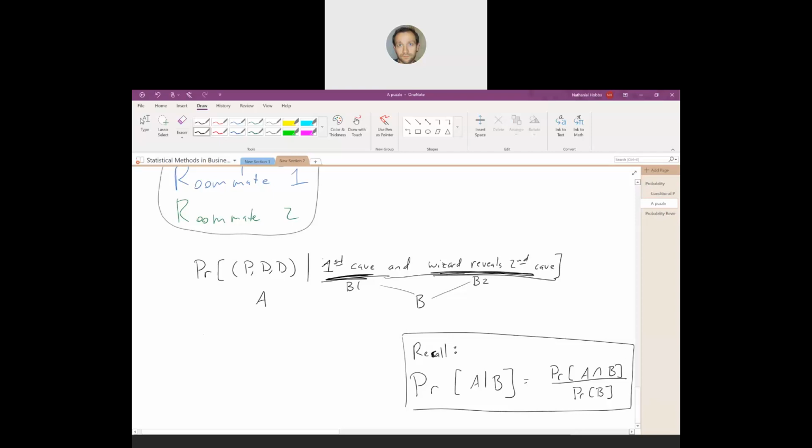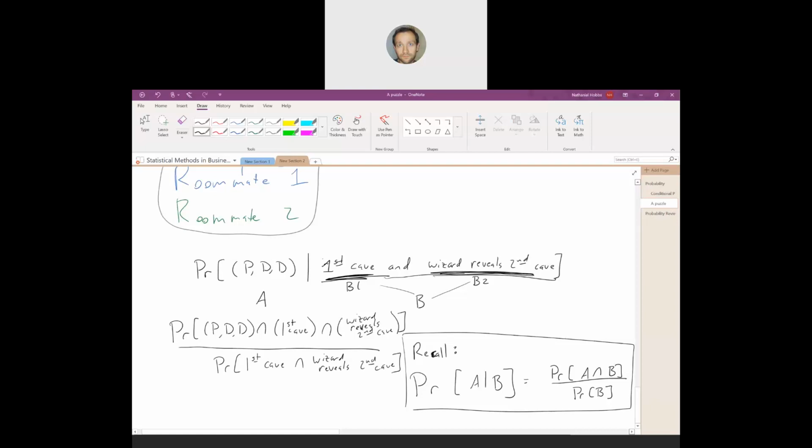So just using the equation, this would be the probability of princess, dragon, dragon, and first cave and wizard reveals second cave, divided by the probability of first cave and wizard reveals second cave.